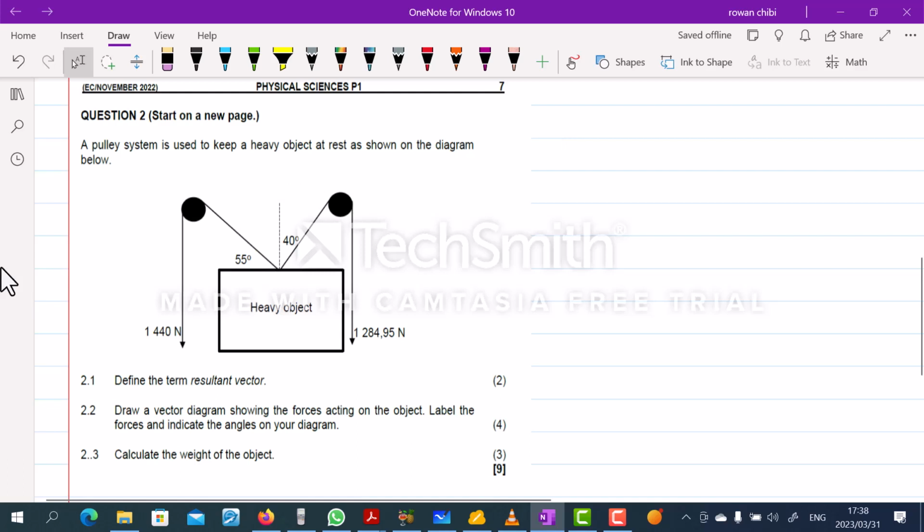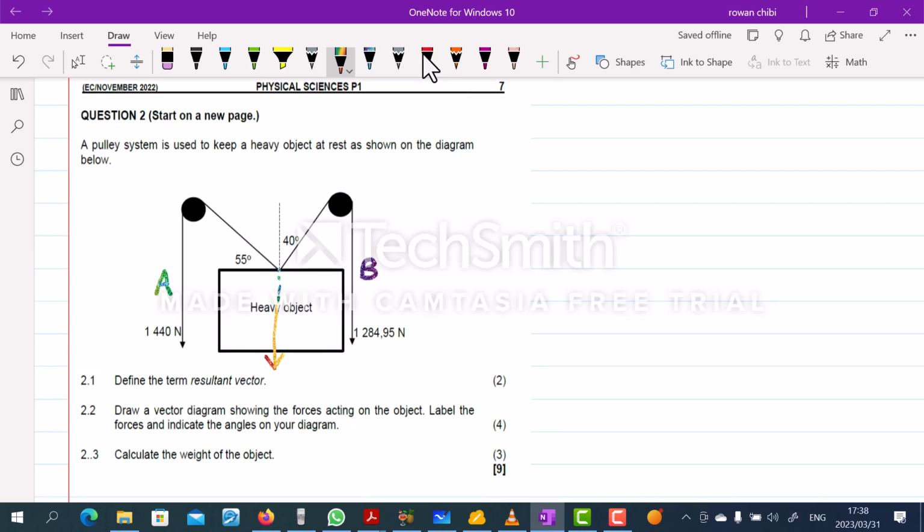So let me label these angles. So okay, let's start first with the vectors. Now I'm going to label this one as vector A, then I'm going to label this one as vector B. So the heavy object also has a weight going down this way.